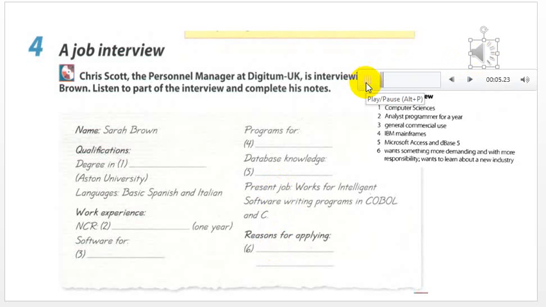I see you did a computer sciences degree at Aston University and did a work placement for a year with British Gas. What was that like? It was great. I really enjoyed it. It was really good to get some work experience and apply some of the ideas I was learning at college. And then you went to NCO. What did you do there? I worked as an analyst programmer for a year. I wrote software for general commercial use.